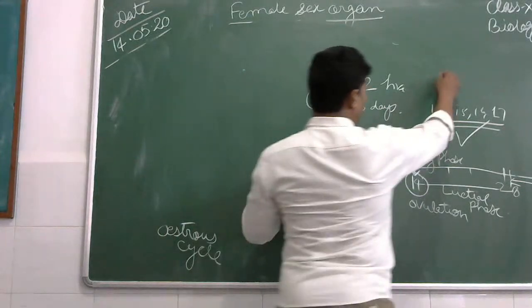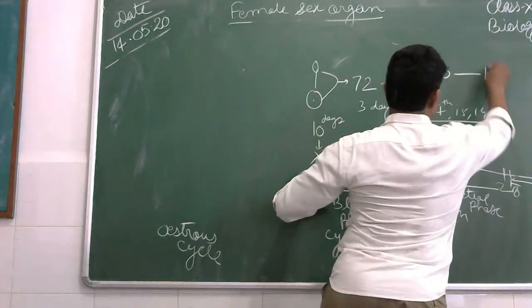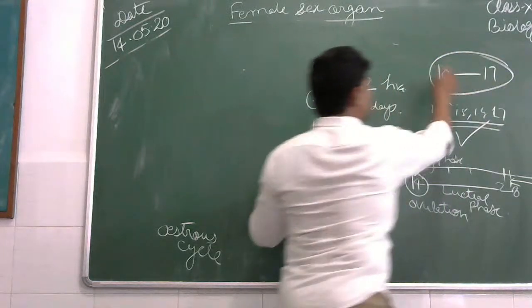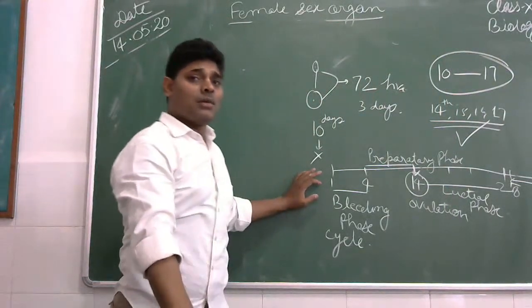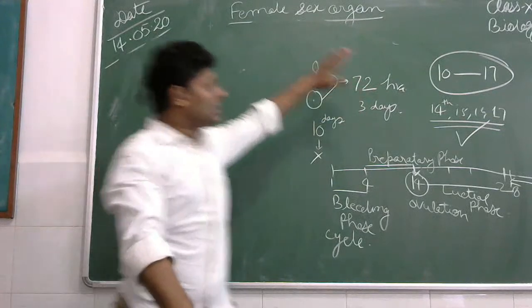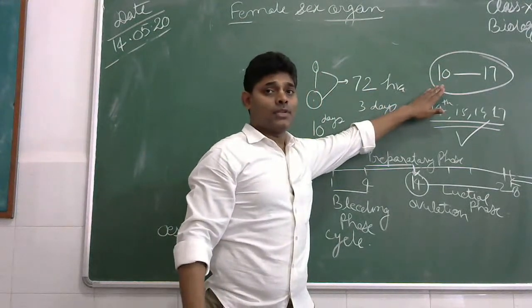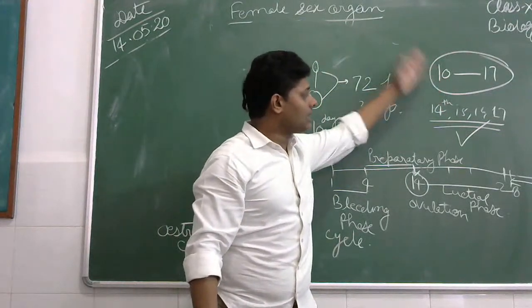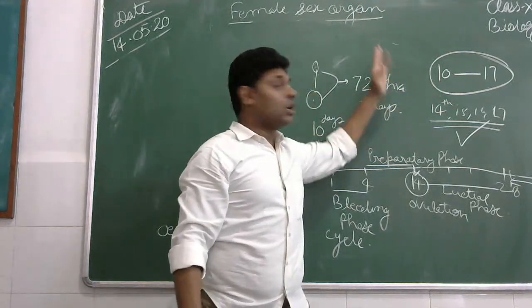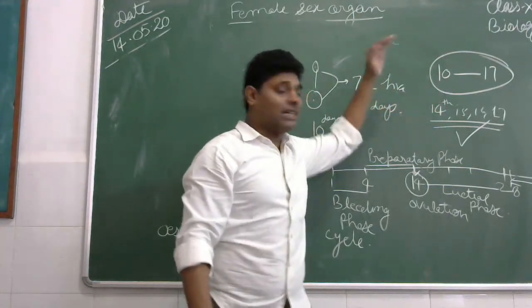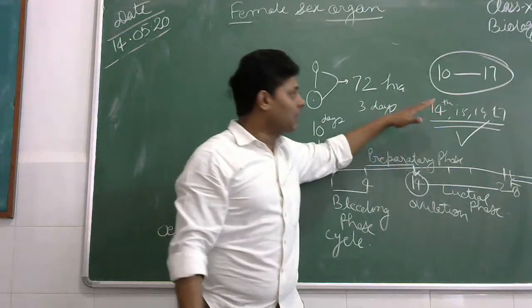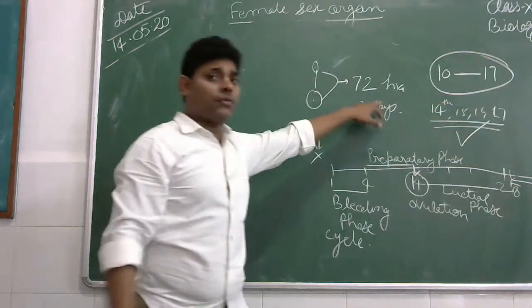So days 10 to 17 are the days of fertilization, and if before 10 days or after 17 days, the chance of fertilization will not be there. This is for fertilization.